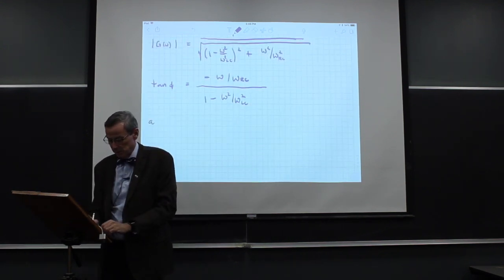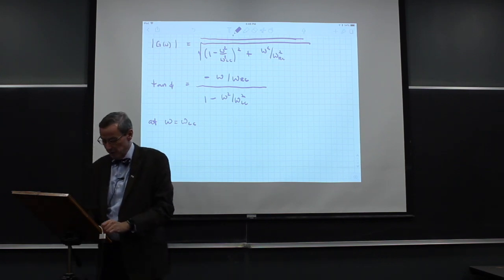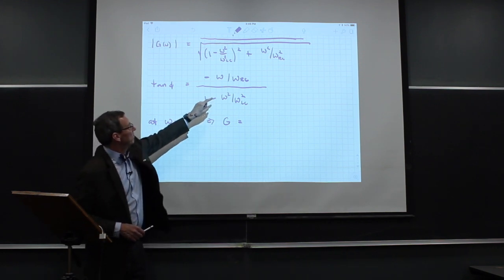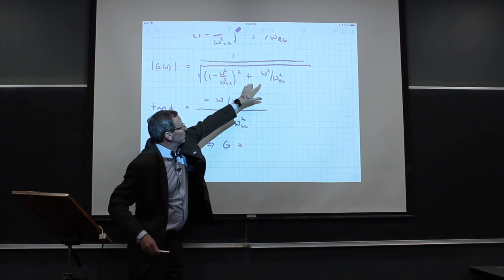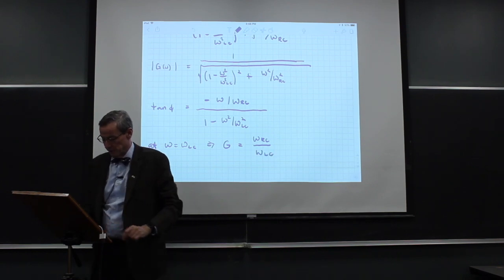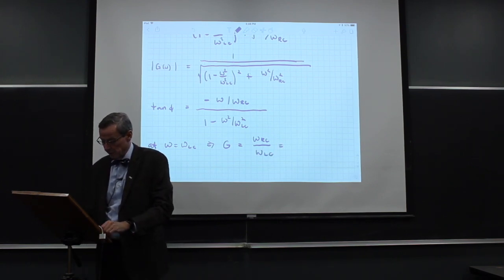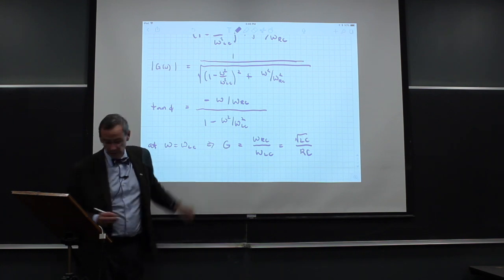At this characteristic frequency, omega LC, where it blew up before, now we're left with the gain just being given by the last part of that term, so it's omega RC over omega LC, which is the square root of LC over RC. So there's the magnitude of the gain that we have there.